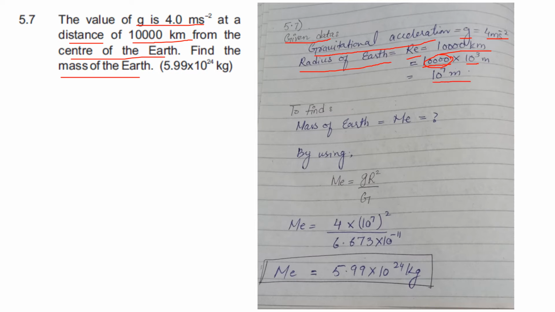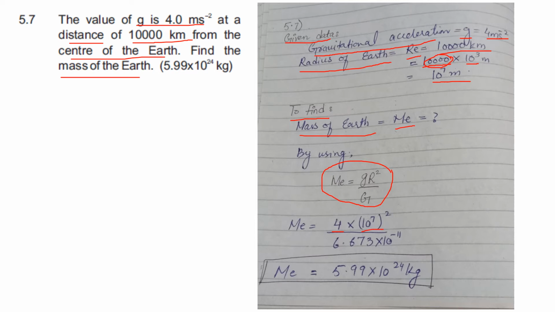So this is the radius of earth, and in the problem we have to find out the mass of the earth, which we represent by capital M for mass and small e for earth. As we know, the formula is Me is equal to g r square by capital G. The value of g is given to us, which is 4, and r is also given to us, which is 10 raised to power 7 whole square.